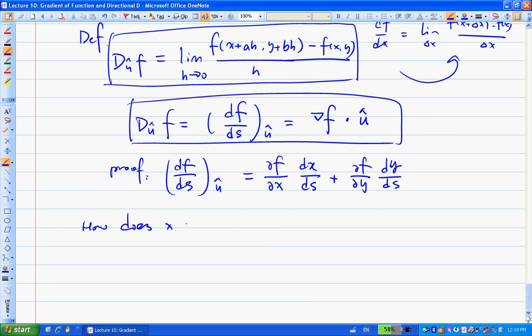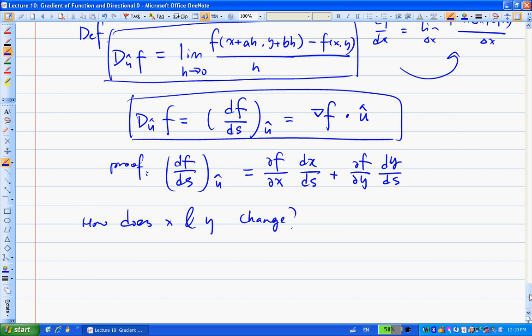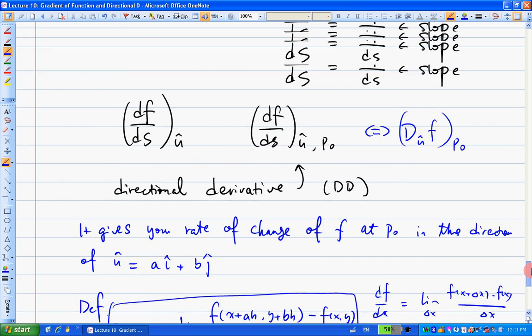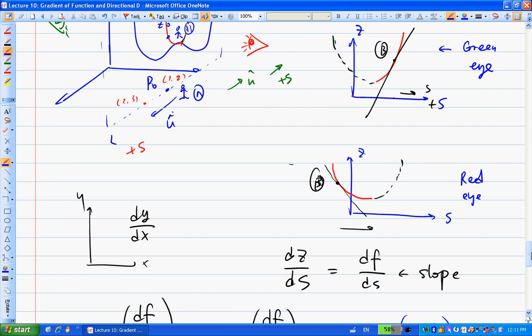So how do x and y change? That's the question here. They change along which direction? U hat, right? They change along u hat, like the one I drew here.